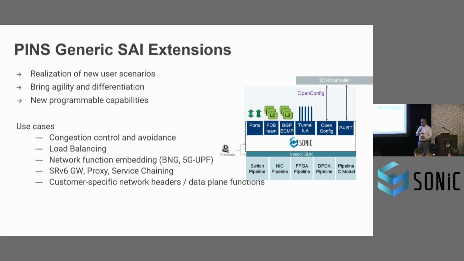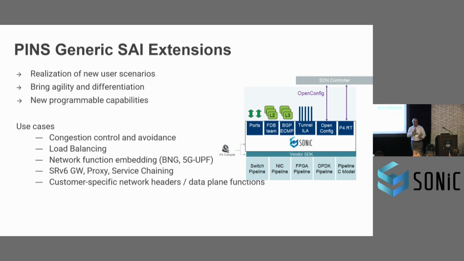So generic extensions allow us to bring new use cases and scenarios into SONiC. And this is important because while we have the existing functionality, it's important to innovate. It's important to bring things that are new as we find use cases for them. And having a P4 program to represent the SAI pipeline today, we can extend that P4 program to different use cases.